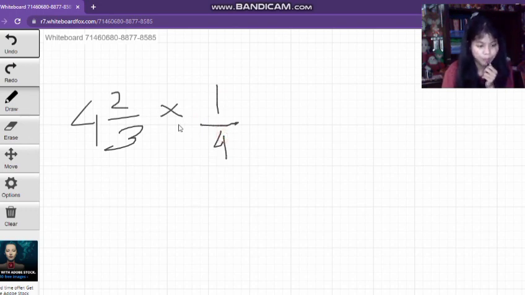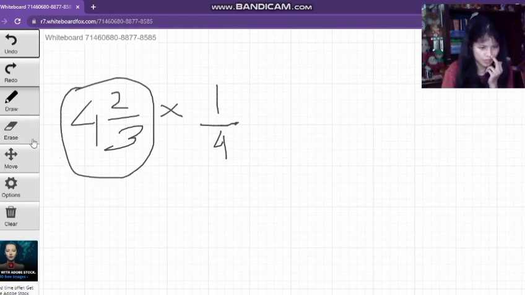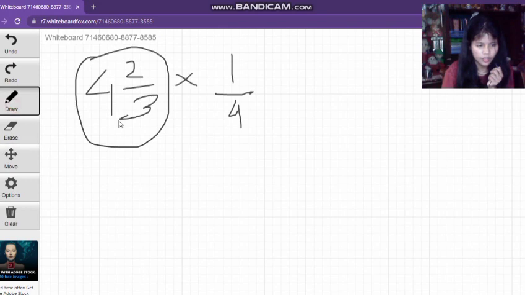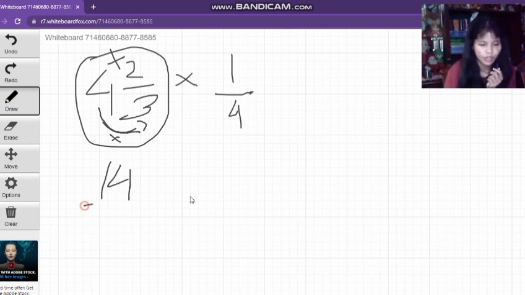The first step is to convert the mixed fraction into an improper fraction like this. 4 multiplied by 3 is 12, and 12 plus 2 is 14. So 14 over 3 multiplied by 1 over 4.